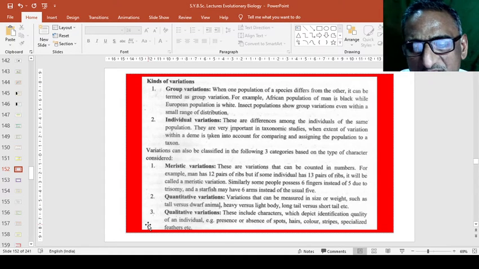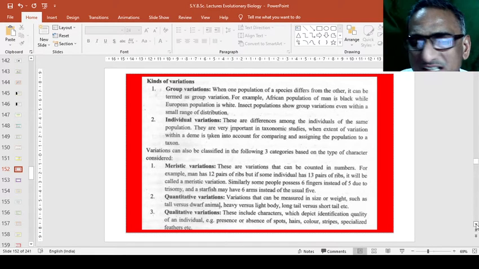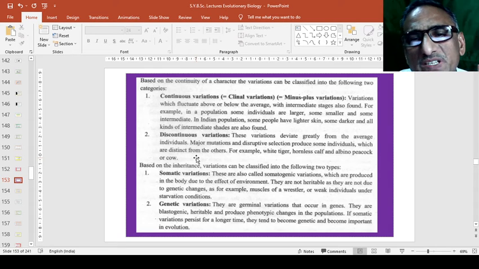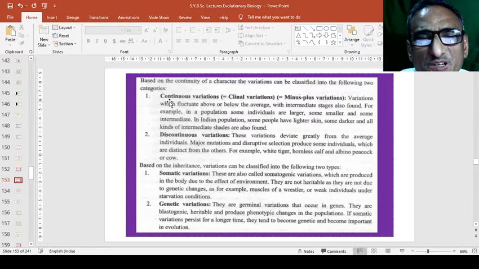Qualitative variation includes characters that some individuals display, such as the presence or absence of spots, hairs, colors, stripes, feathers, etc. These are qualitative variations. Based on continuity of the character, variations can be classified into two categories. One is continuous variation, also called clinal variation or minus-plus variation. Here we can see fluctuations with intermediate stages.